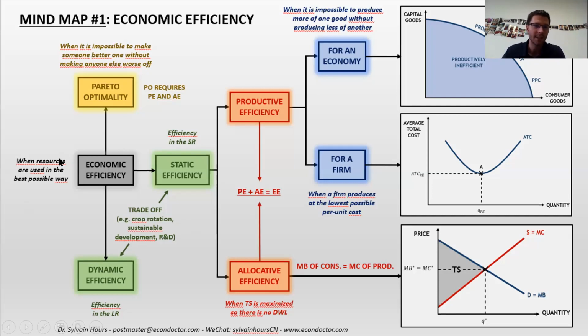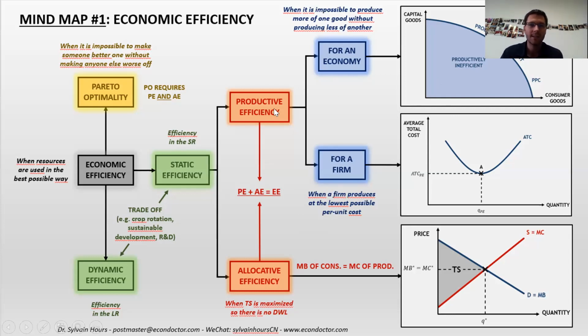Each concept has a very simplified short definition beside it. And then for static efficiency, you can distinguish two types of efficiency: productive efficiency and allocative efficiency. Again, you have a definition of allocative efficiency. Here I remind that it's necessary to have both types of efficiency to achieve economic efficiency.